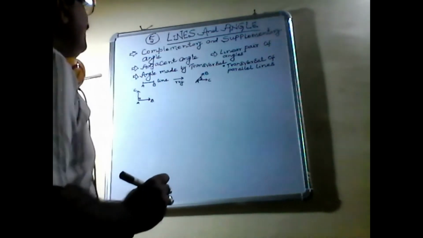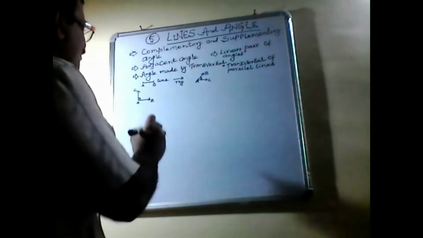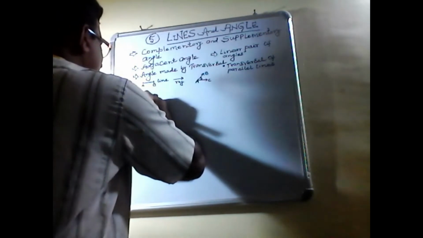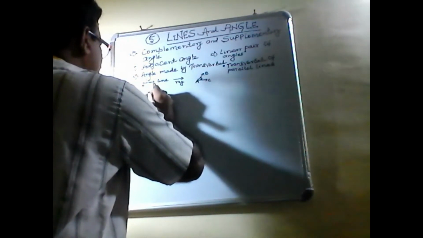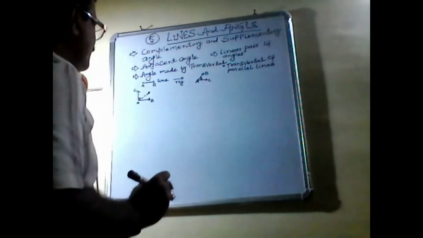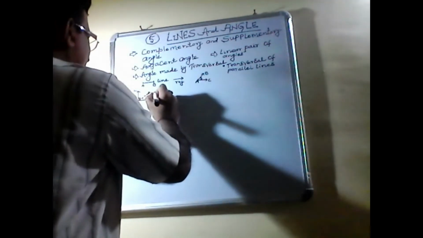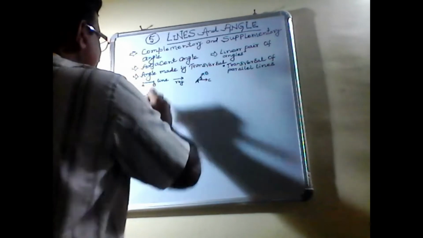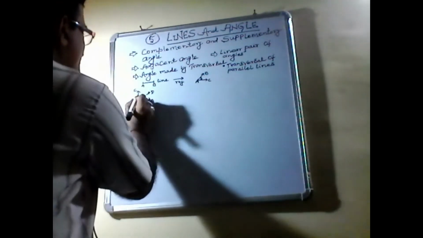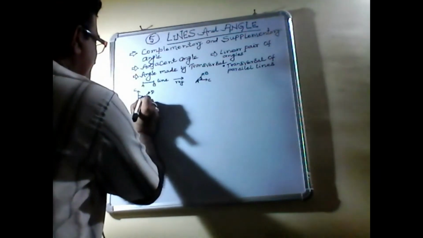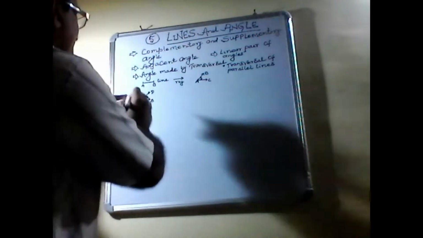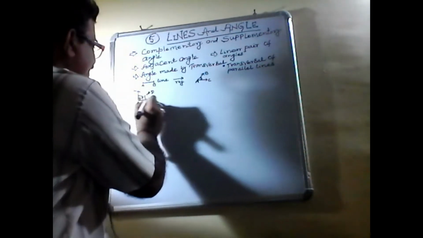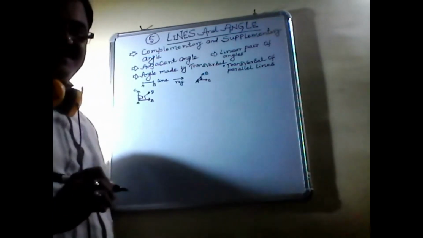So suppose another line can be joined to vertex A. This is called AD. So two angles have been made here. This is angle CAD and the other is DAB or BAD.